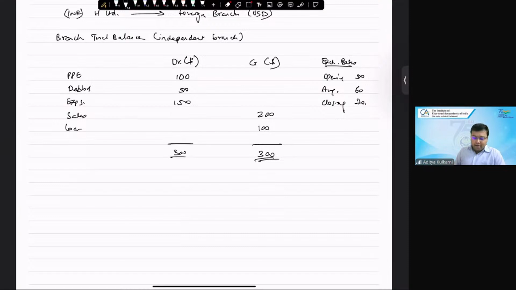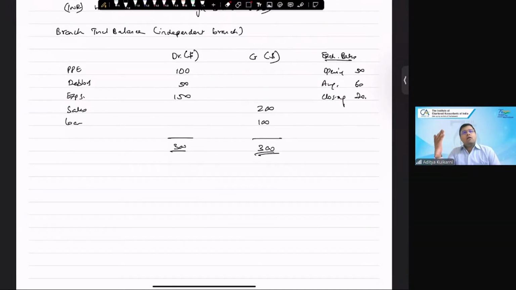Now, when I'm preparing my financial statements, you should ideally do the conversion of this into INR. Yes or no? Yes. Now, when you are converting it into INR, what are the rates that we are going to use?